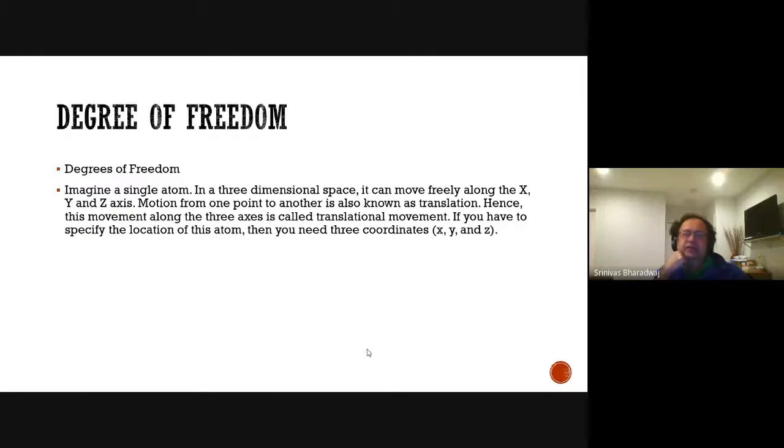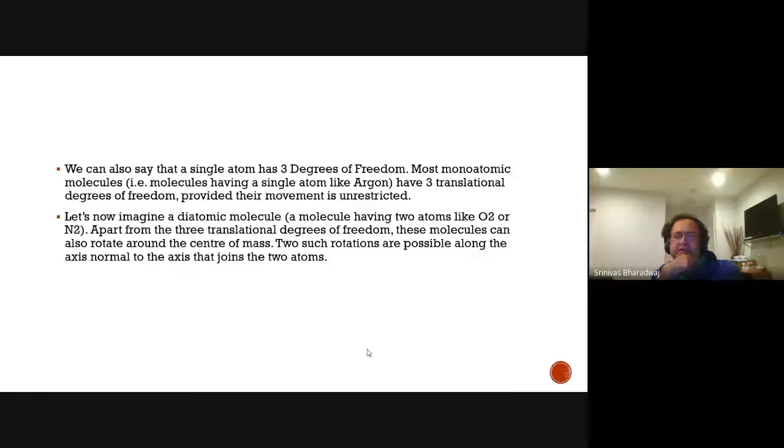So it has three types of movement, translational movement. If you specify the location of this atom, you need three coordinates. So a single atom has 3 degrees of freedom. Monoatomic molecules have 3 degrees of freedom.